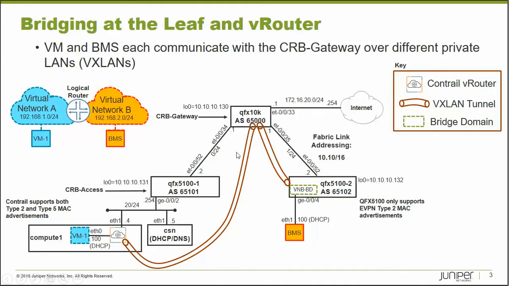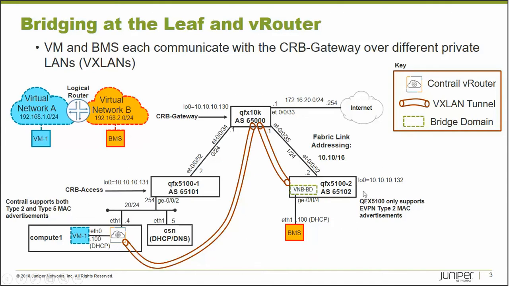One thing to note is that to advertise the MAC addresses or the routes, the Contrail control node will advertise the actual /32 network, 192.168.1.100/32, as a type 5. That's the way Contrail does it by default. So the EVPN advertisement that goes up to the QFX 10K from the control node, which does all the advertising, will be a type 5.